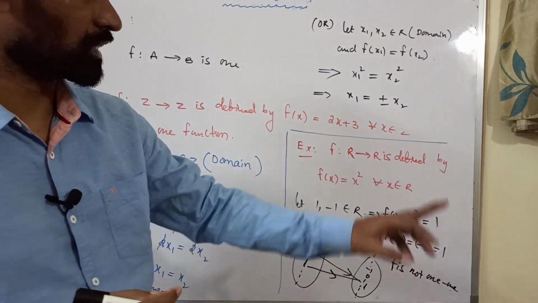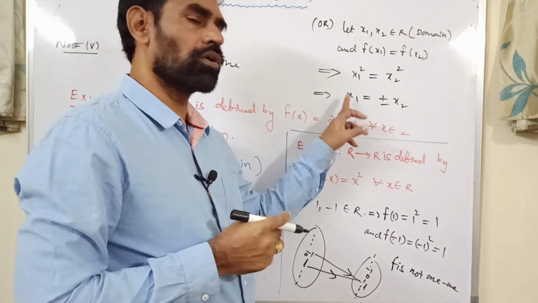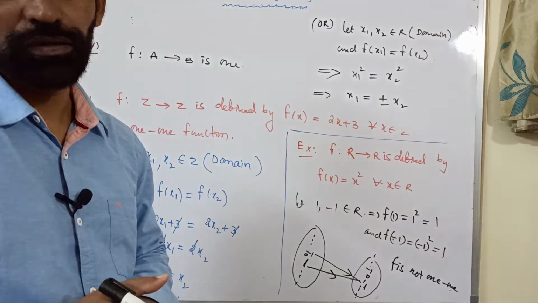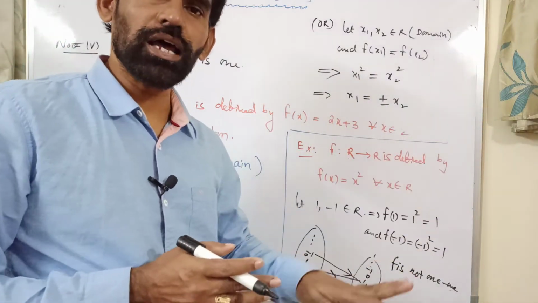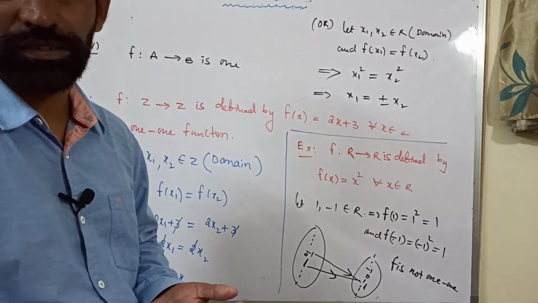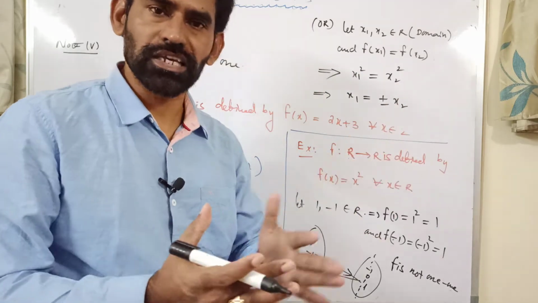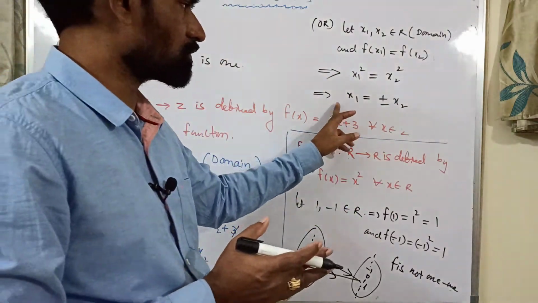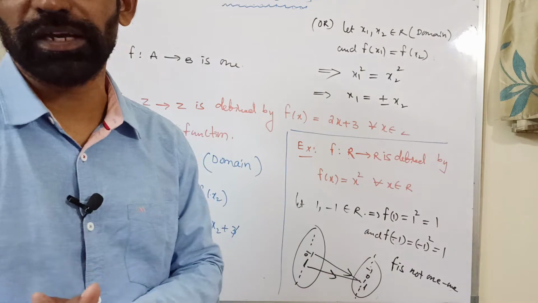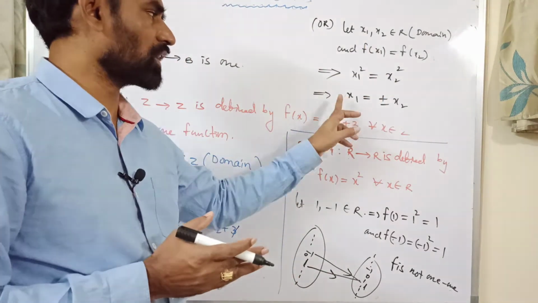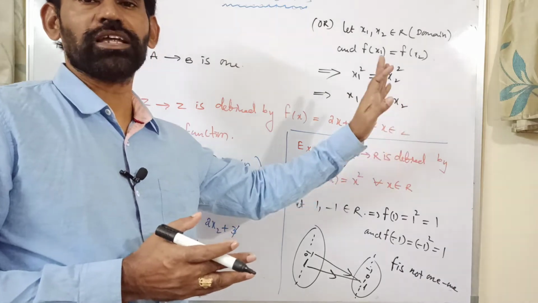Here the whole square is there, so I am getting x1 equal to minus x2 also. Images are equal but elements are not exactly the same. Sometimes x1 equals x2, sometimes x1 equals minus x2. But you should get only x1 equals x2. Here we are getting x1 equals plus or minus x2.